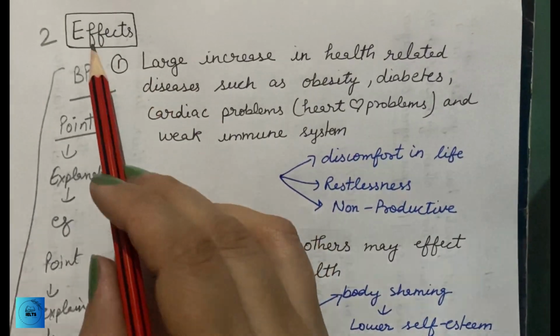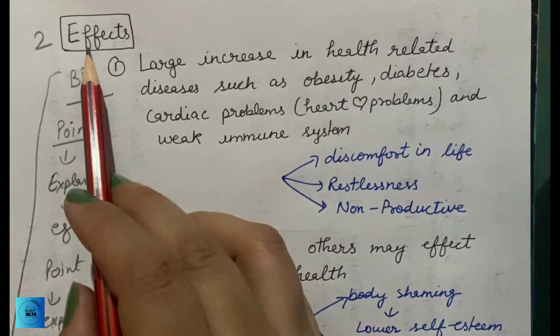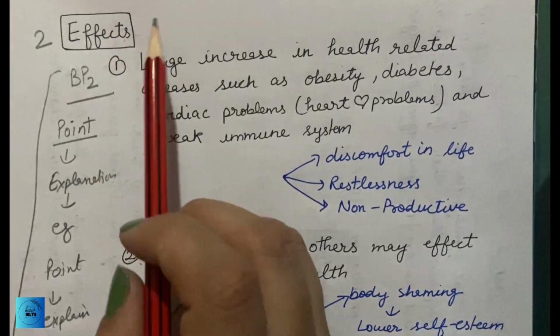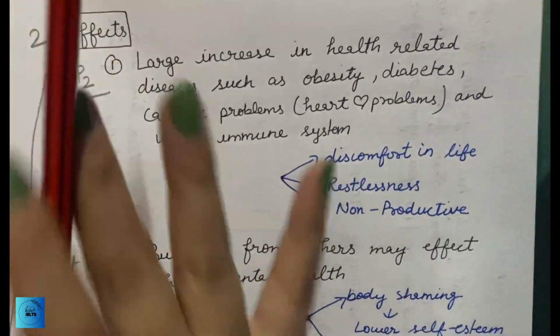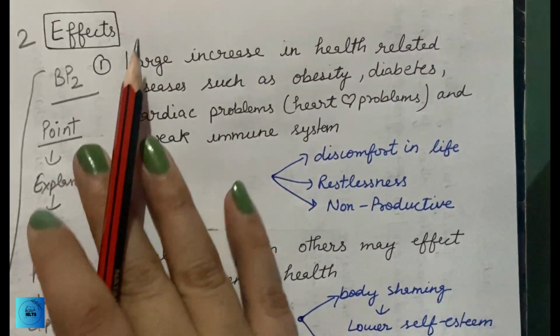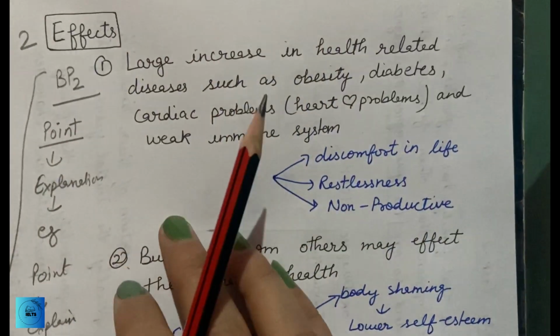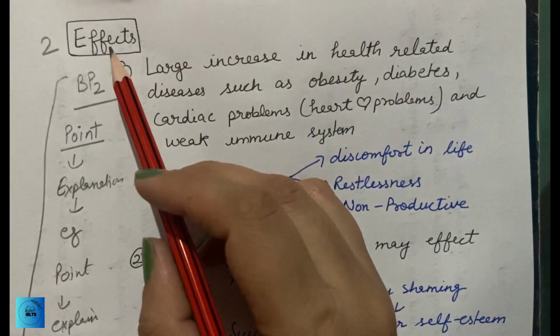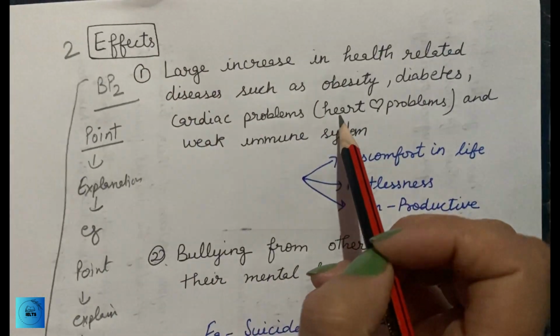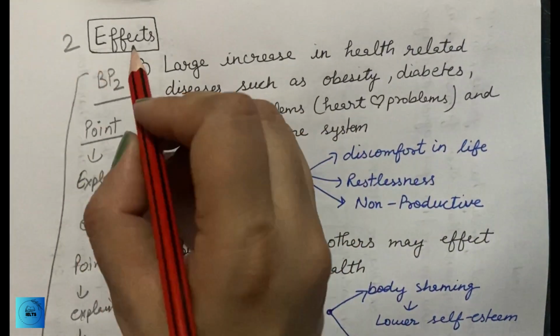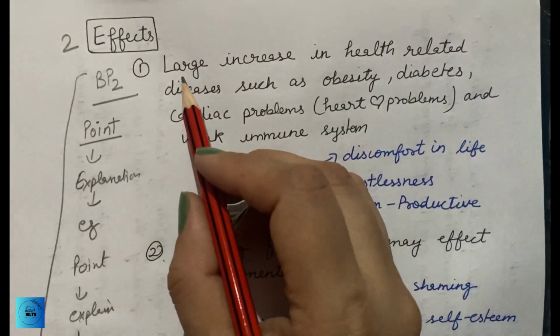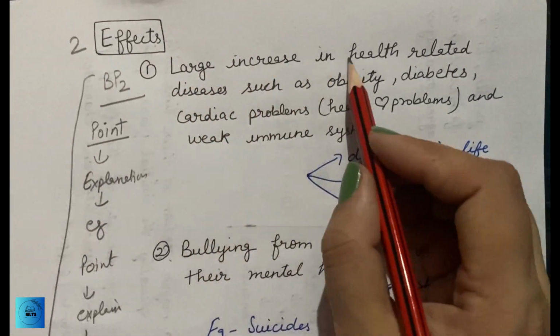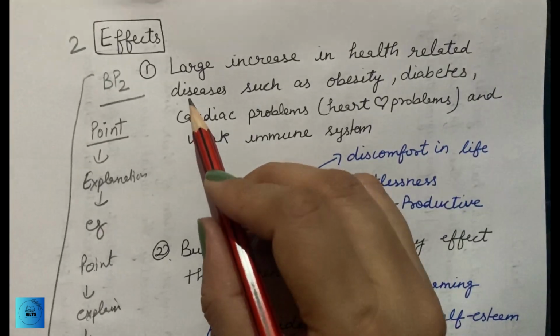So this is the basic way of writing body paragraph 1 or body paragraph 2. So the first effect, okay, youngsters are becoming fat. We have already talked about the reasons why the youngsters of society are becoming fat, and now we will talk about what the effect will be on their life. So effects. The first one is a large increase in health-related diseases.